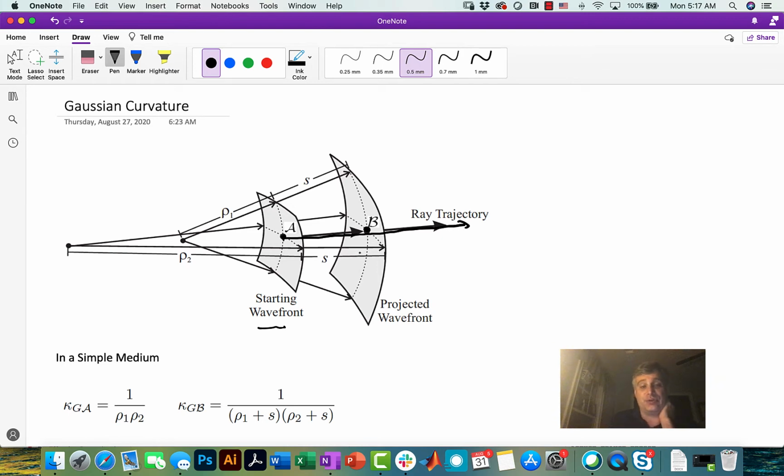Geometrically, Gaussian curvature is very easy to figure out. It's basically the curvature point.